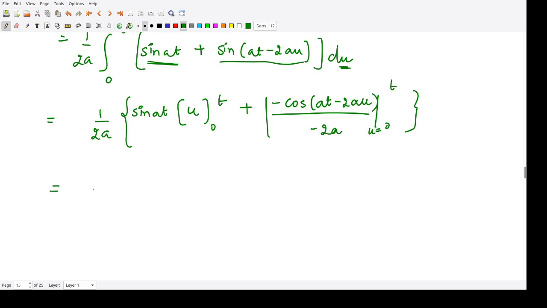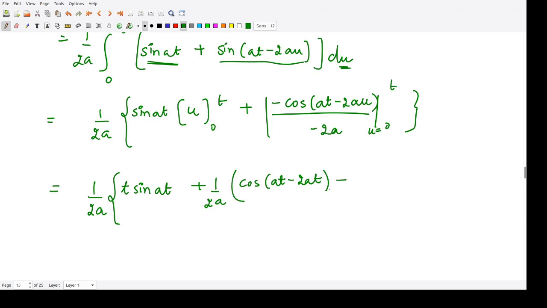So it would be equal to 1 divided by 2a, and then this would be t sine at, and when you substitute 0 you have 0 here. Finally this minus and minus cancel, so we have plus 1 by 2a times cos(at minus 2at), and when you substitute 0 in place of u, it would be cos at.